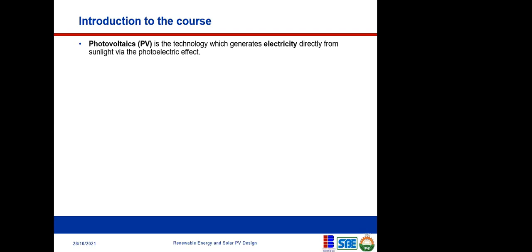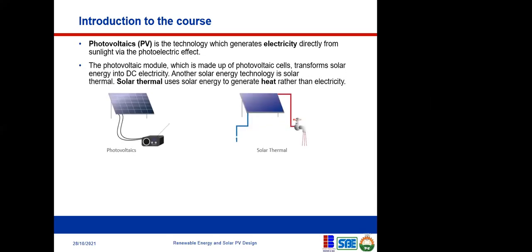Photovoltaic or PV, as most of us know, is a technology which generates electricity directly from the sun via the photoelectric effect. Now, come to think of this, if we can transform electricity into light through light bulbs, then it could also be possible to transform the light back to electricity.